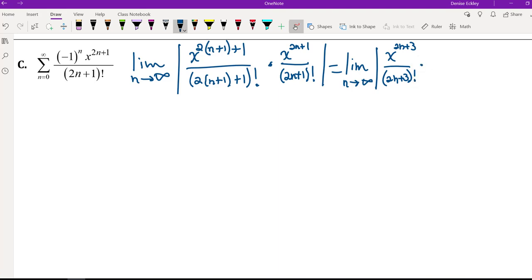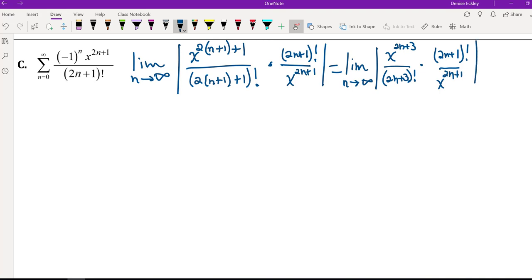And then times, I'm multiplying by the reciprocal, which is exactly what I didn't write here. So let me flip that one over, I apologize. So this should be 2n plus 1 factorial over x to the 2n plus 1. Okay, so now I have my 2n plus 1 factorial over x to the 2n plus 1.